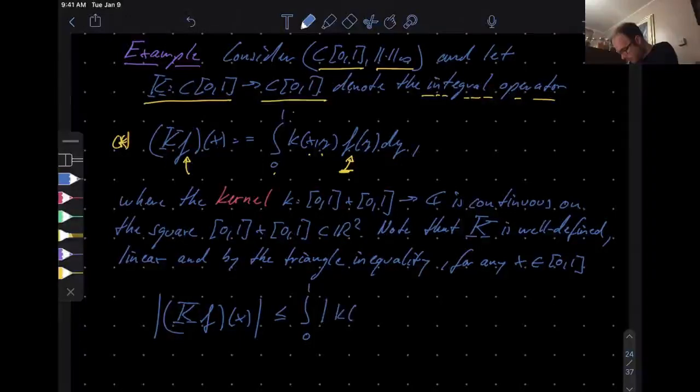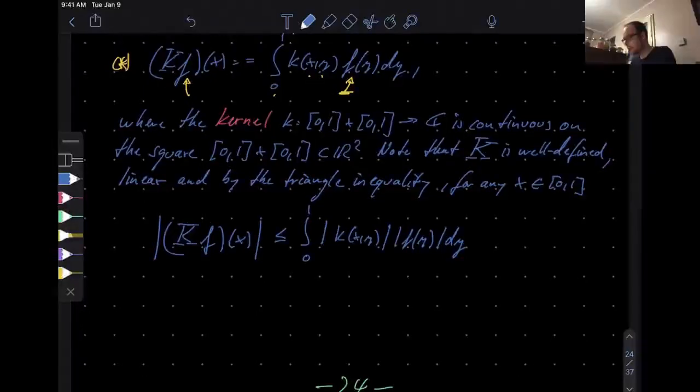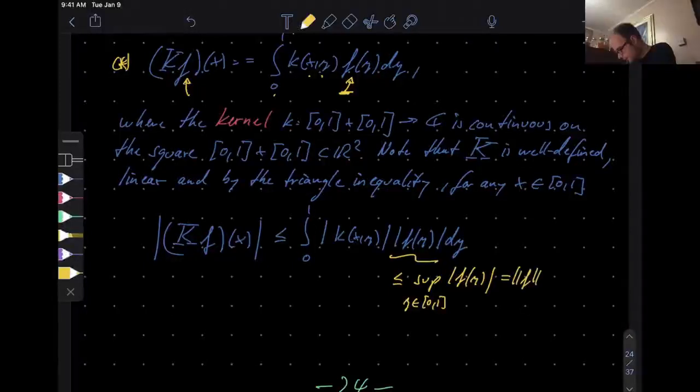Then you get an upper bound, and then you have this result. Okay, now what can you do now? Well, of course, standard estimate, this f here is at most the supremum of the same quantity taken over the interval 0 to 1, which is exactly the infinity norm.